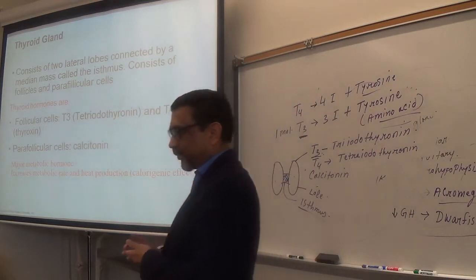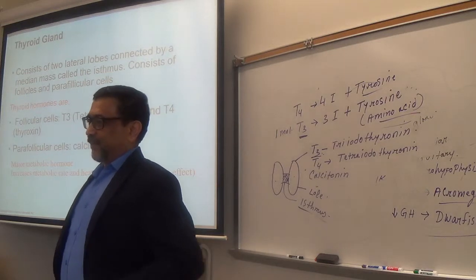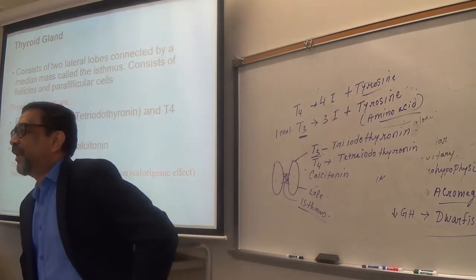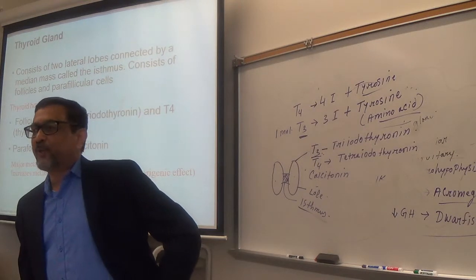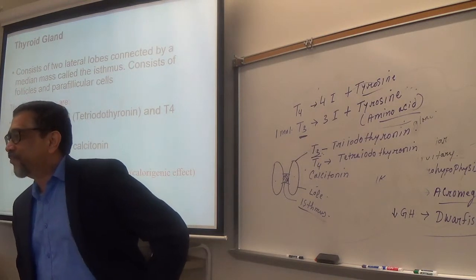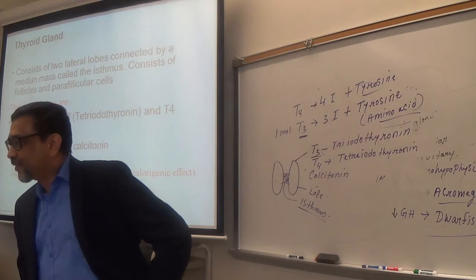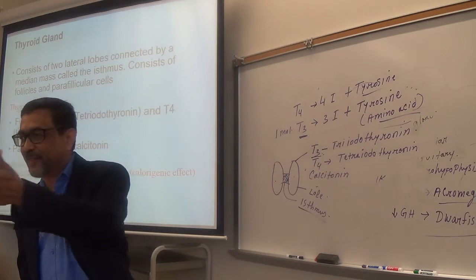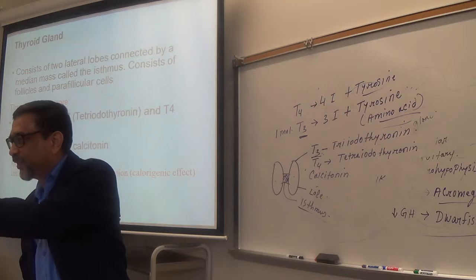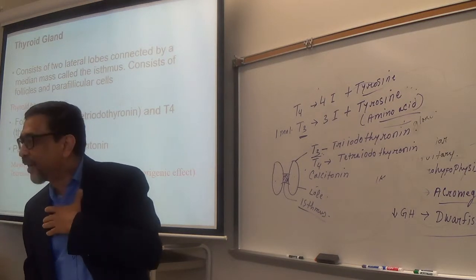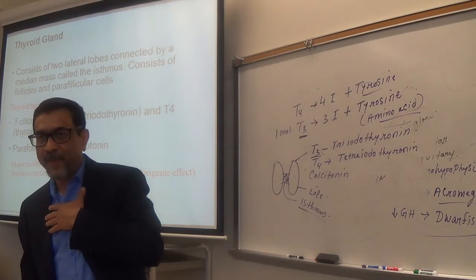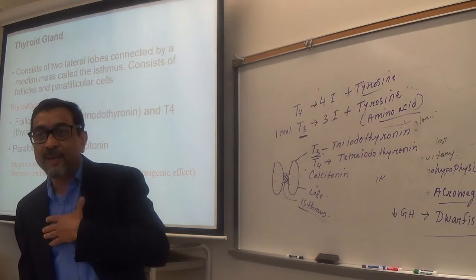Now you tell me, will lack of iodine produce more thyroid hormone or less? Less. Makes sense? Because iodine is needed to produce T3 and T4. Is it clear? So if someone has lack of iodine in the food, the body is getting less iodine, right?